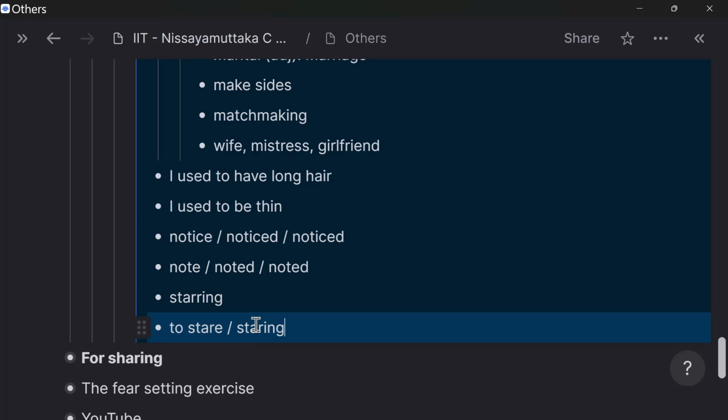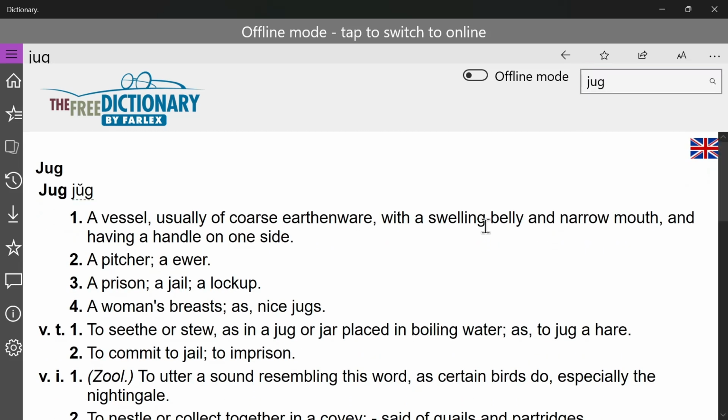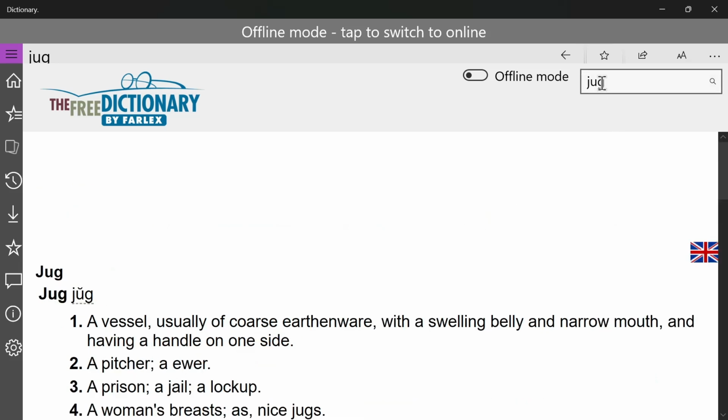Jerk. Jug. Remember jug? Jug is this. Same sound? Different. This is jug, with a g sound. And the other one was jerk. Very different.